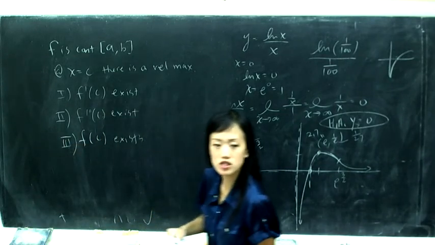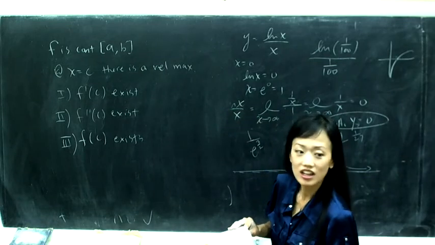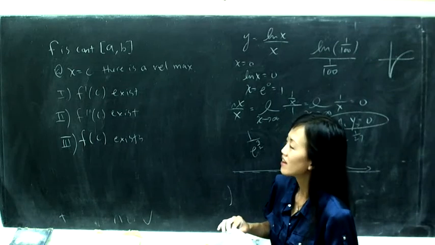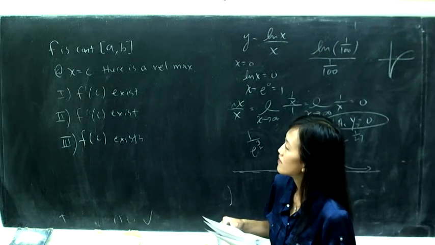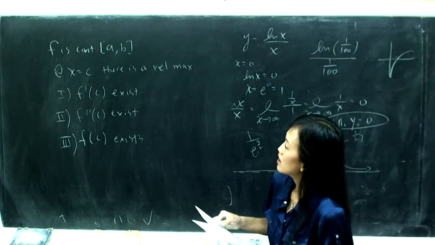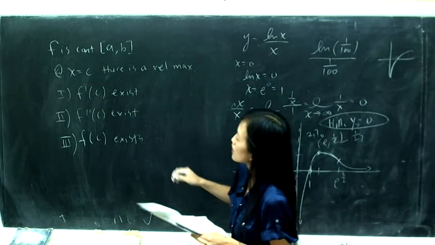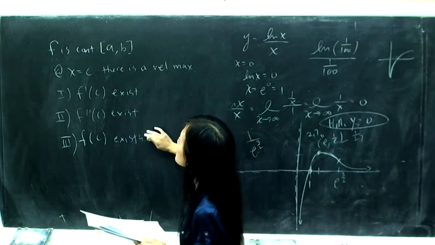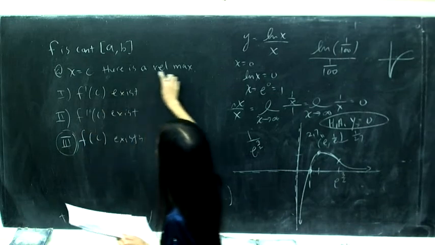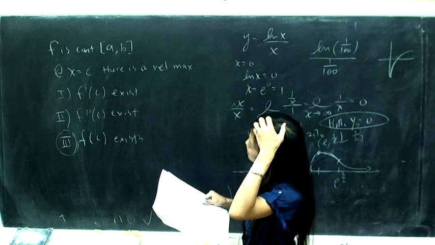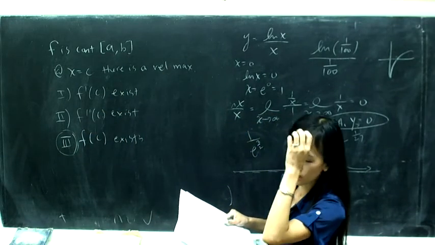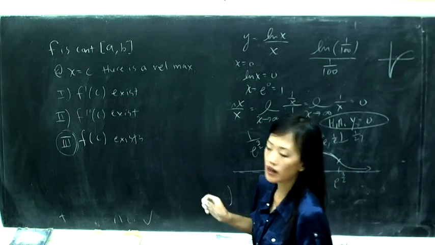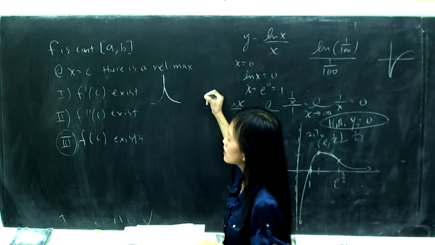Okay, so here what do we have? F prime, F double prime, and the original. The third one's true, because if you have a relative maximum at c, the function exists. How about the first one, number one? Not necessarily. How come? Because a relative max could look like that, right? It could be continuous.